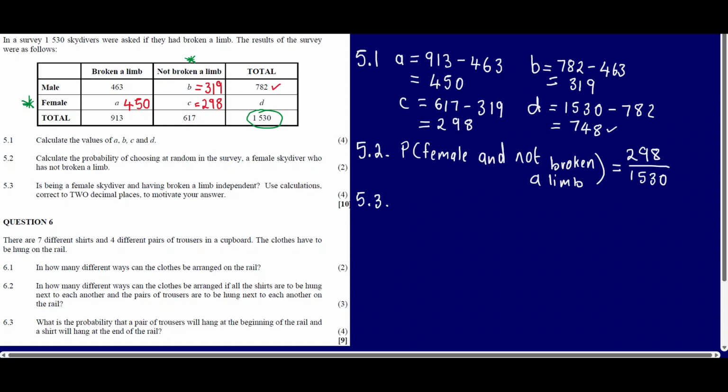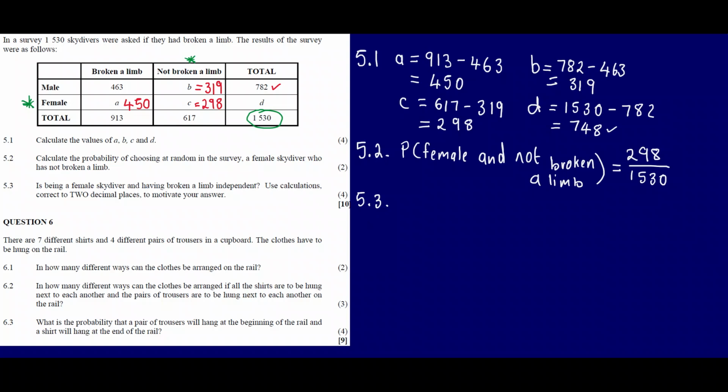So we have to choose two categories that we're going to work with here, right? I think we can just choose the ones that are given here. We're going to choose the category of females, who are skydivers, and we will look at the ones that have broken a limb. We just want to check if those two events are independent. So let's first write down the probability of the females.